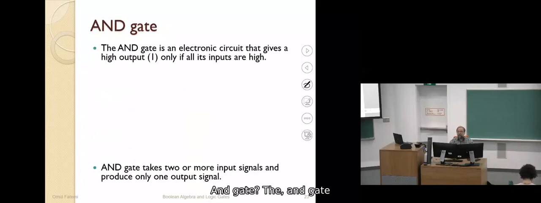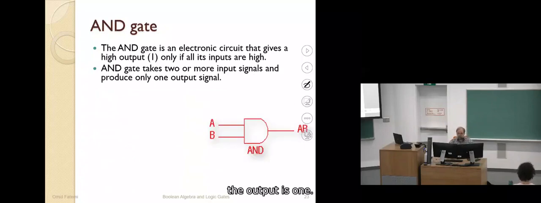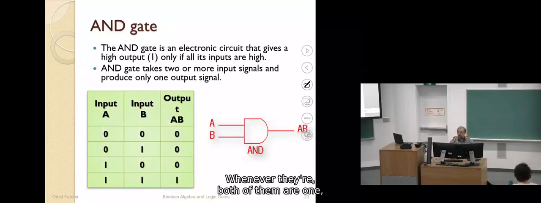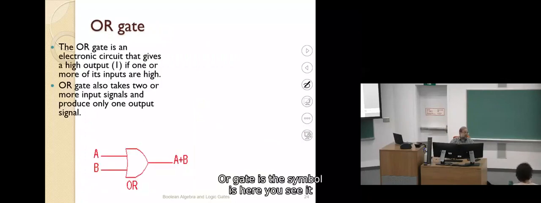AND gate: we have talked about this. The output is 1 whenever both inputs are 1, and this is the symbol. OR gate: the symbol is here, you see it is curved, and here is curved also.